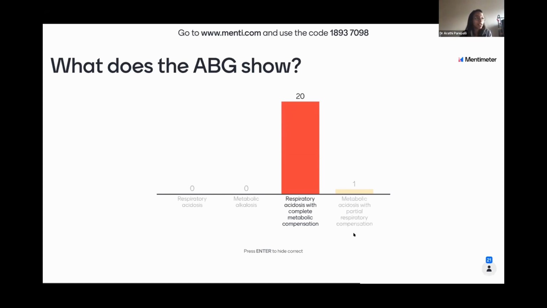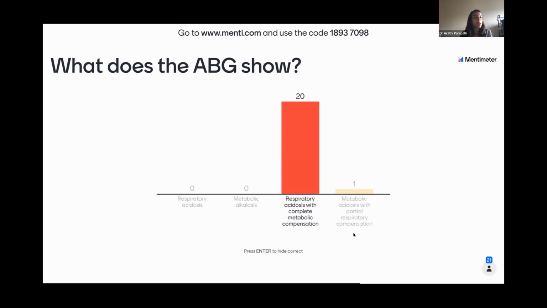PCO2 is high, so they're retaining CO2, but pH hasn't been disturbed in this, so that's important to remember. And PO2 is low, so they're in type 2 respiratory failure in that their PO2 is low, so they're not oxygenating well, but they're also retaining CO2. And bicarb level is high, so at 31.